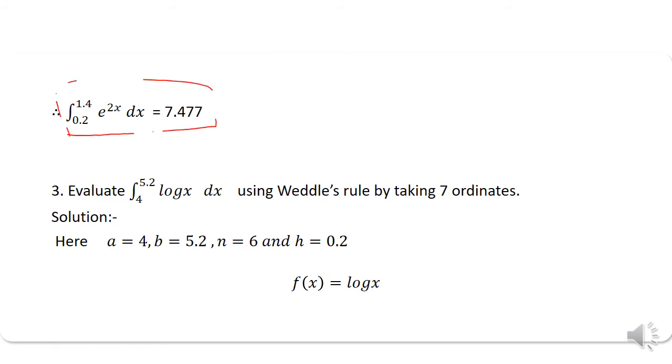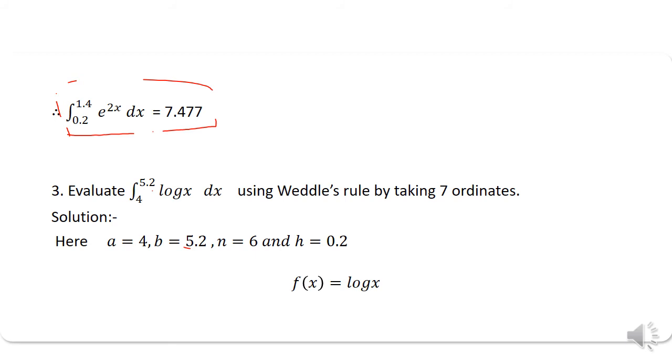Third problem, evaluate integral 4 to 5.2 of log x dx using Weddle's rule by taking 7 ordinates. The solution is as follows. Here our a equal to 4, b equal to 5.2, n equal to 6. By putting these values in the formula h equal to b minus a by n, we get 0.2 as our h.